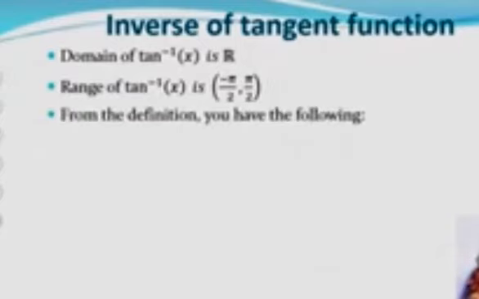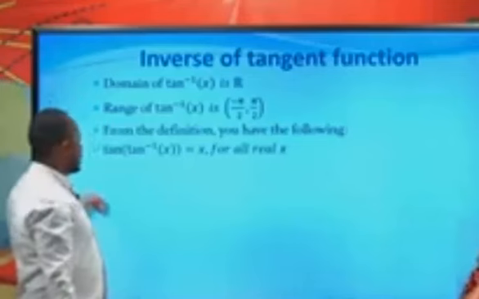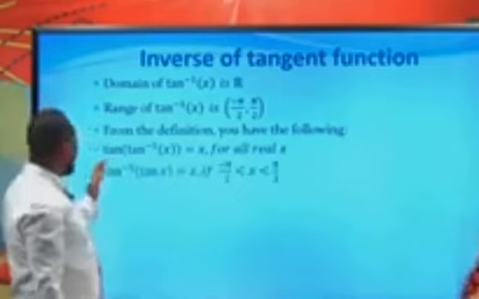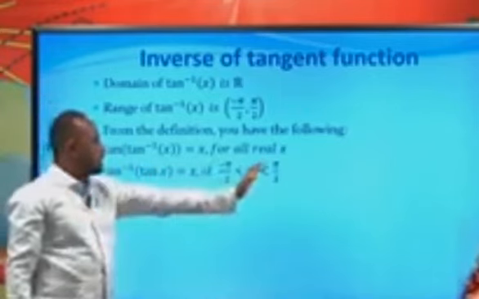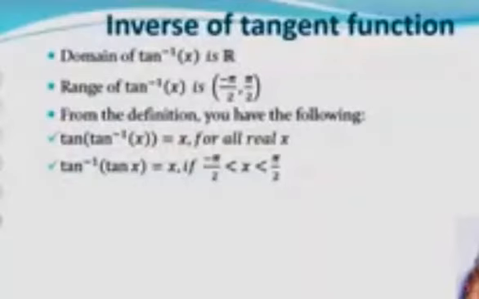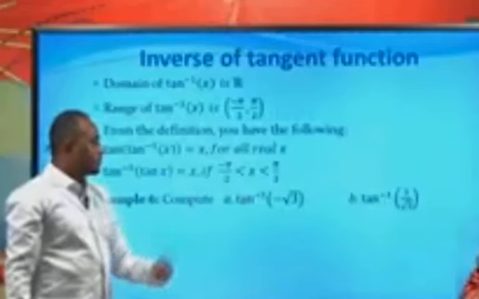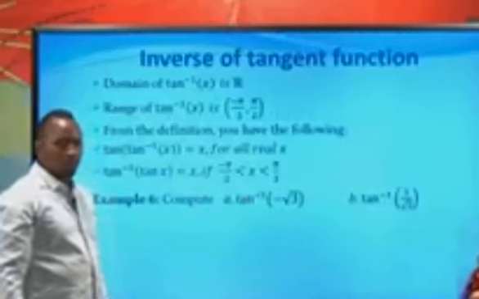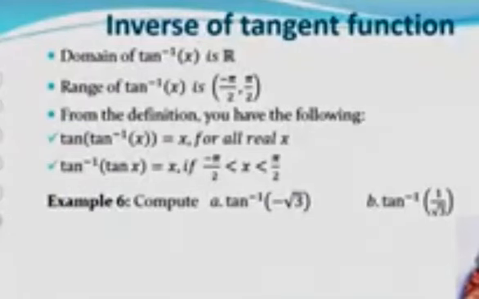And from the definition we have tan of tan inverse of x gives you x, a real number, and tan inverse of tan x is equal to x. In this case x is the angle, so the angle ranges between negative pi over 2 and pi over 2. So please try to compute this by yourself as we did for sine inverse and cos inverse. I'll leave these examples for you.